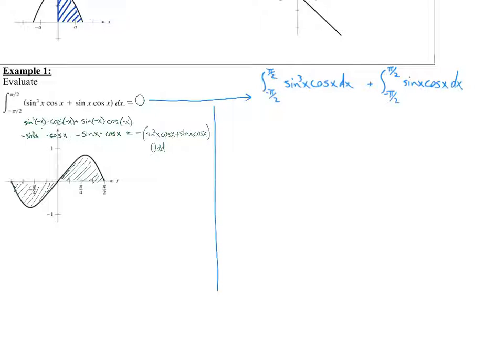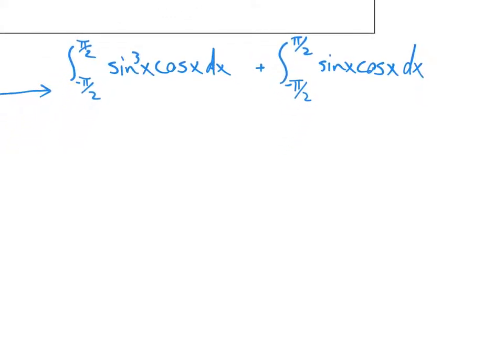Now, I'm not going to use the odd thing here. That would kind of defeat the purpose. In both of these, the only way that I could actually find this integral by hand would be to identify some inner function u and do u substitution.